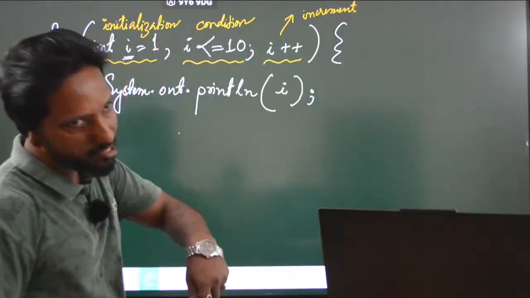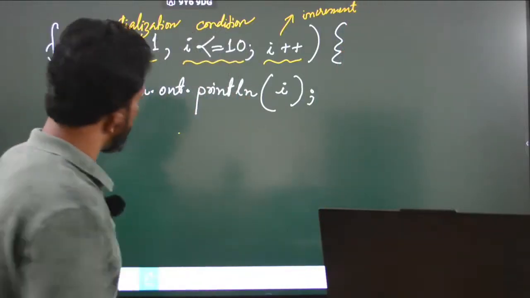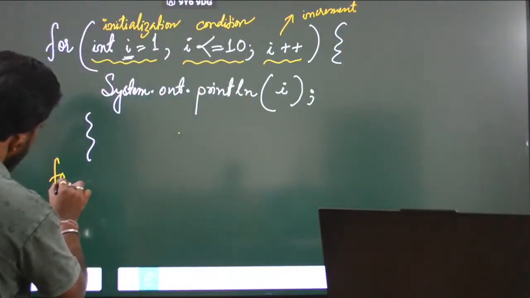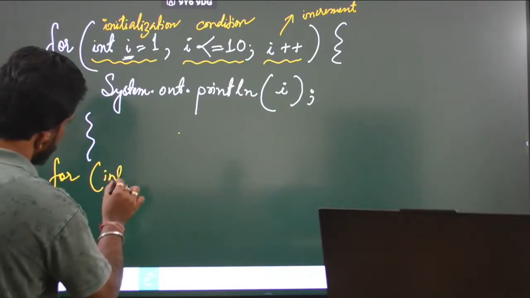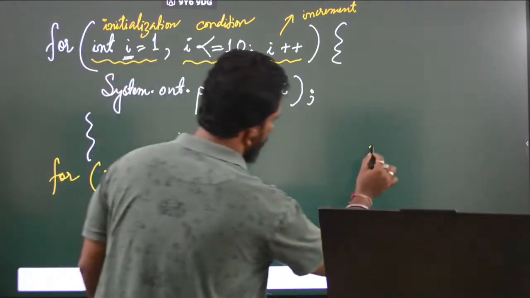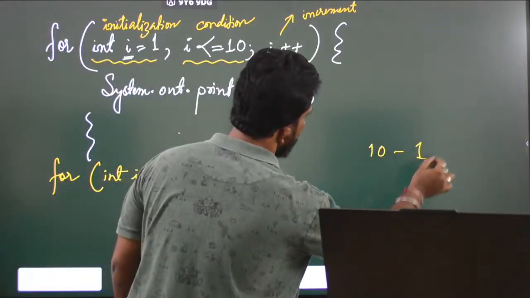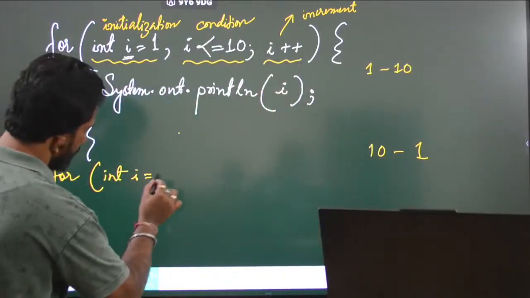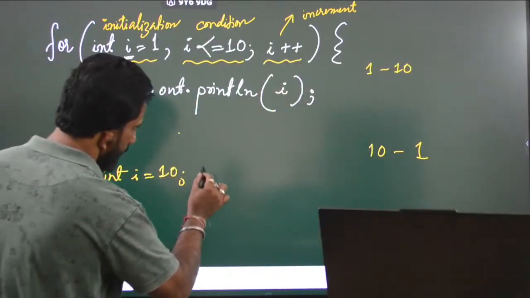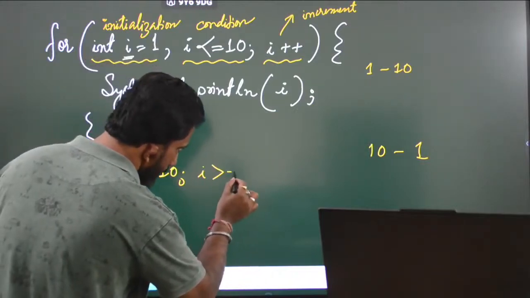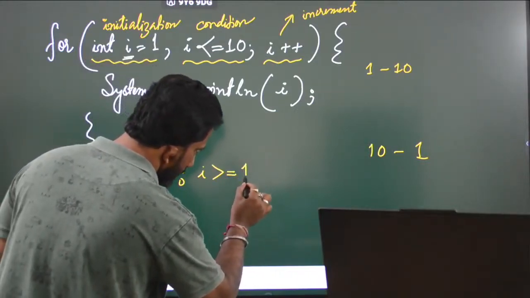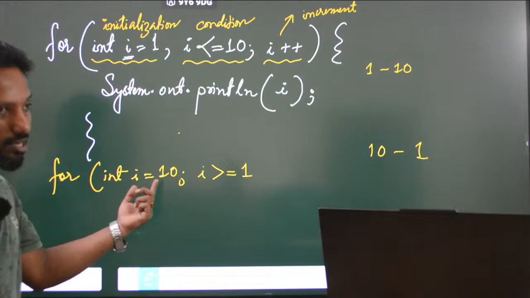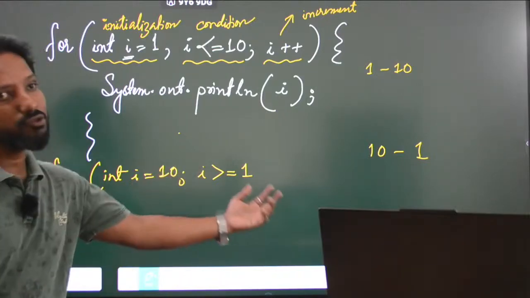In another case, if I want to print in reverse order, I can write like this. For, I want to print now 10 to 1. This was 1 to 10. I will write int i equal to 10, i greater than or equal to 1. From a larger number I am trying to come to a smaller number.